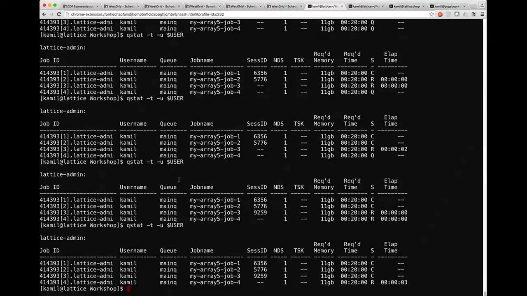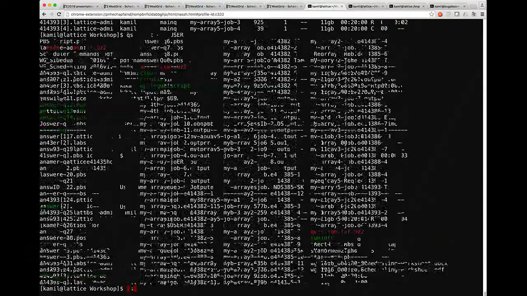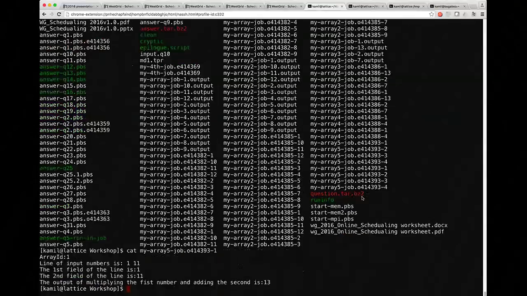So we see our job running, even the last task is now completing. And here's basically the output. So we look at array ID 1.